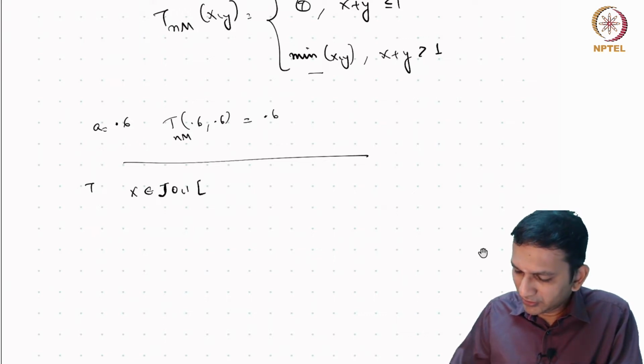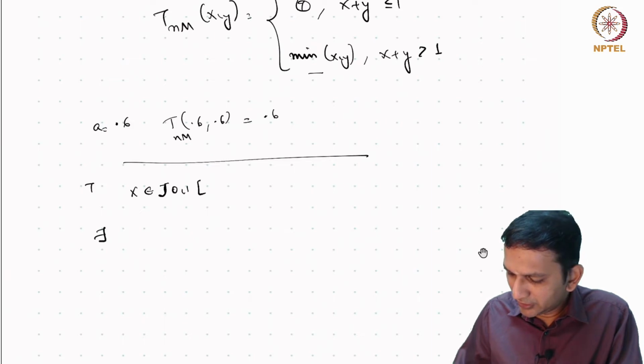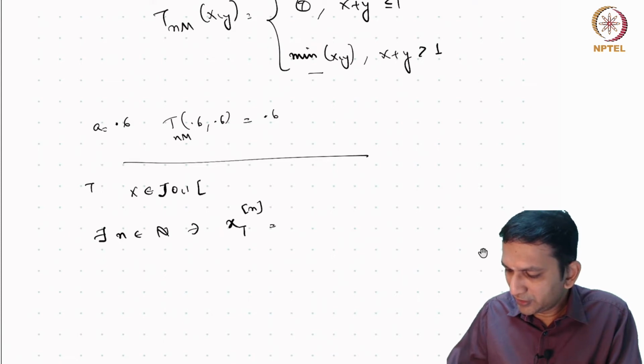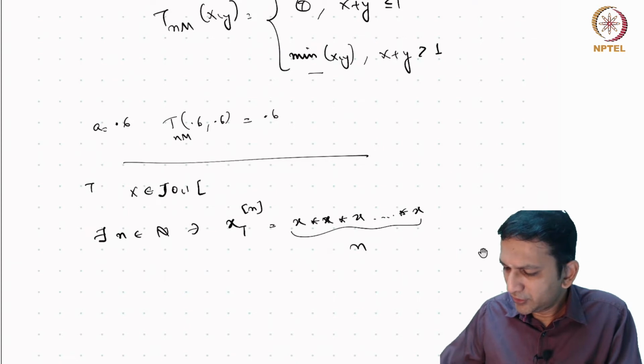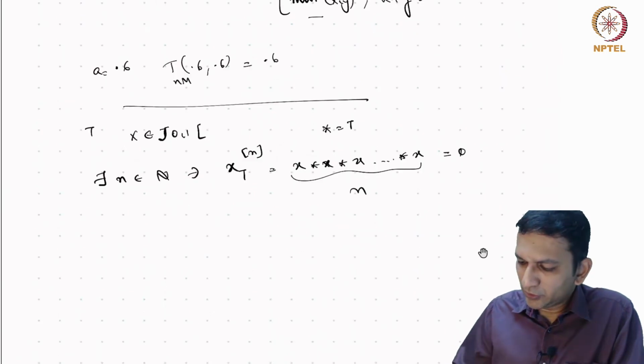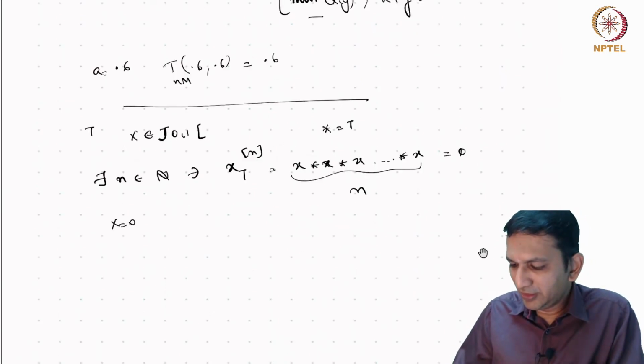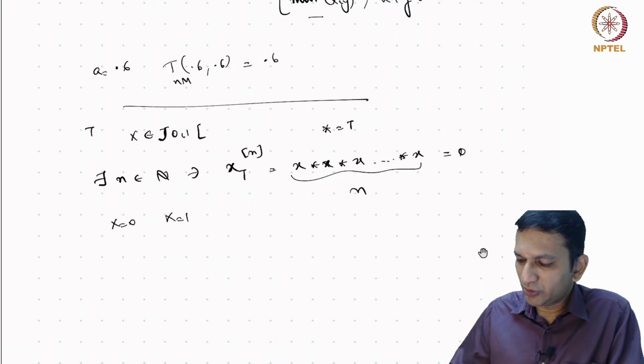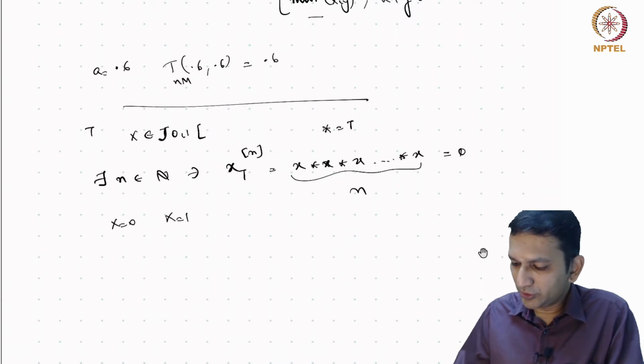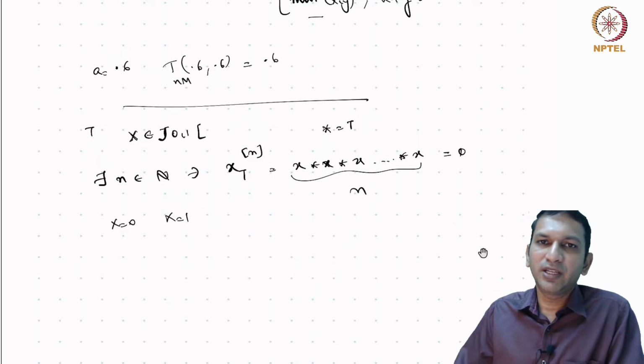So, what we want here is that there should exist an n such that x t of n, which is nothing but x composed with itself n times, should become 0, where by the infix notation, I am denoting the t-norm t. So this is what should happen. If x is 0, then clearly 0 star 0 is 0. And if x is 1, we know that however many times you operate 1 with itself, it is not going to go to 0. So typically when we talk about nilpotent elements and zero-divisors, we exclude the endpoints, both 0 and 1.